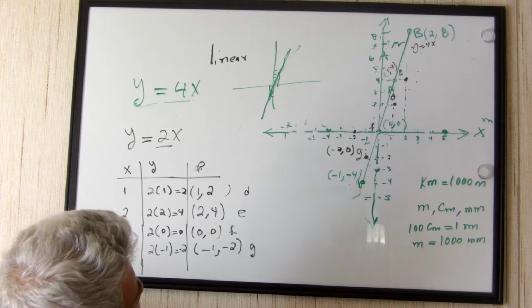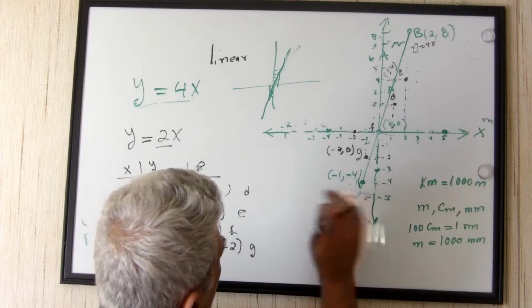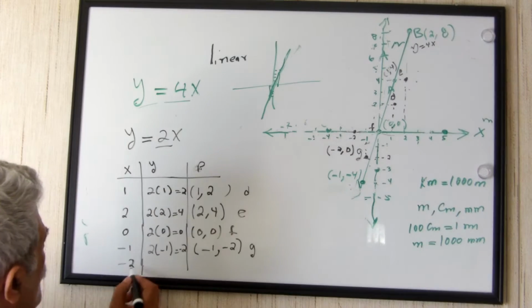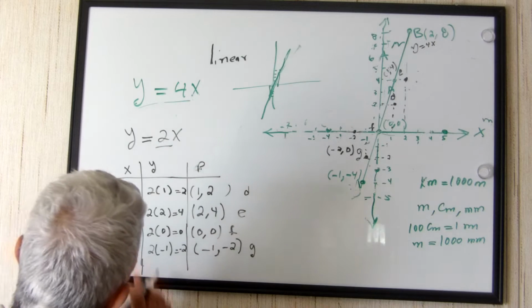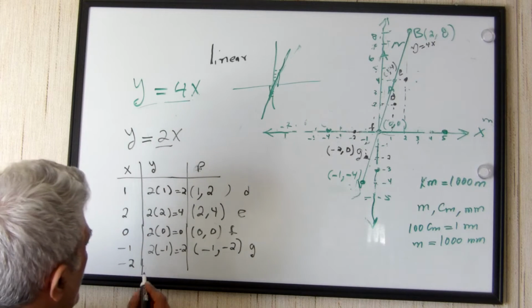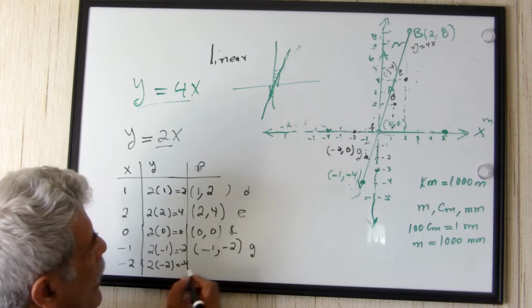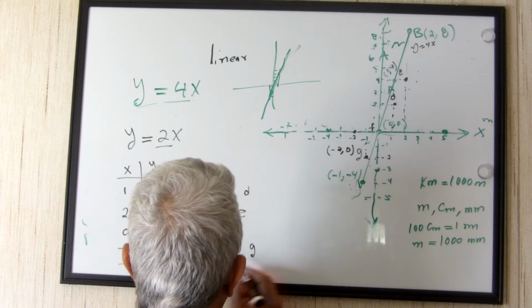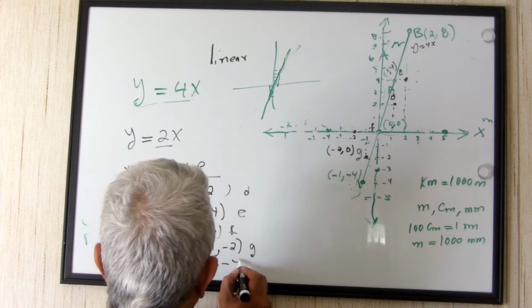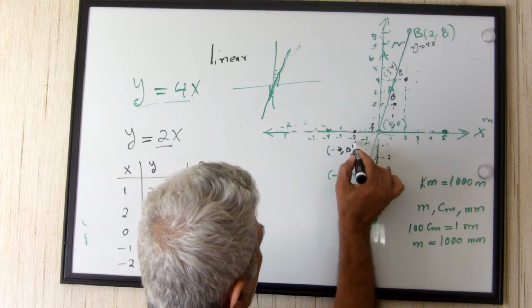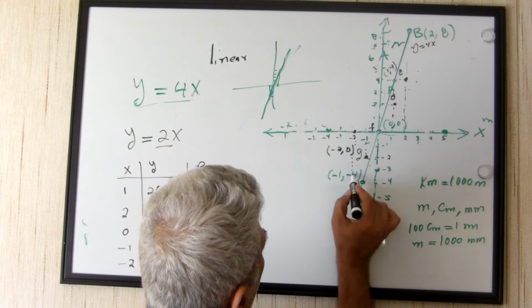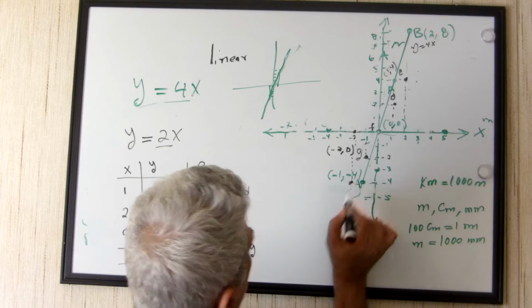It's better now, we understand. Let's give another, minus 2. Usually we start from minus 2 to plus 2, the numbers we give. 2 times minus 2 is equal to minus 4. So for minus 2, we have minus 4 here. We have minus 2, minus 4.